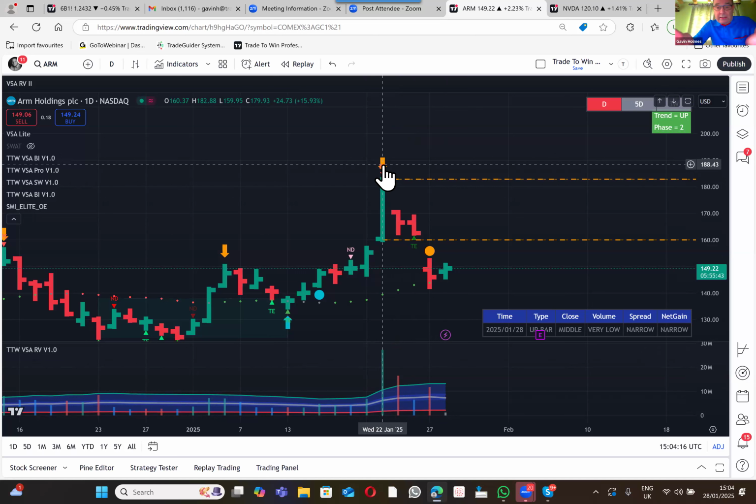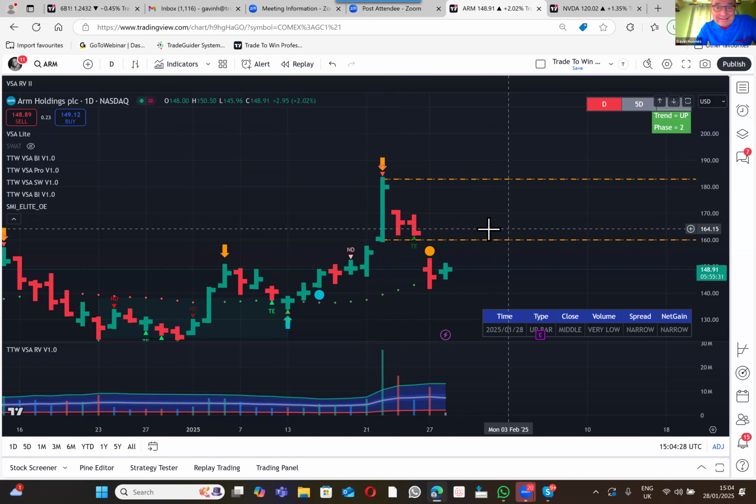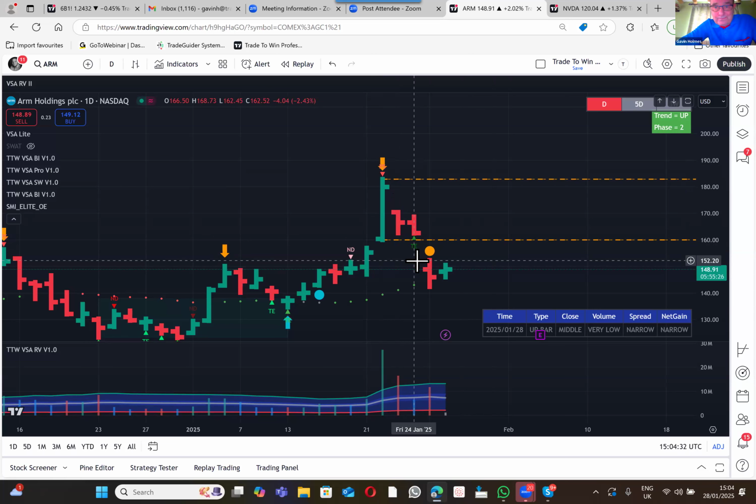I can't argue with it. The next bar closes lower than the close of that bar. And the next bar closes even lower. It tries to test it, but it's marked out and it fails. And now we've got the SMI confirmation. You're going to see a fall in price here.